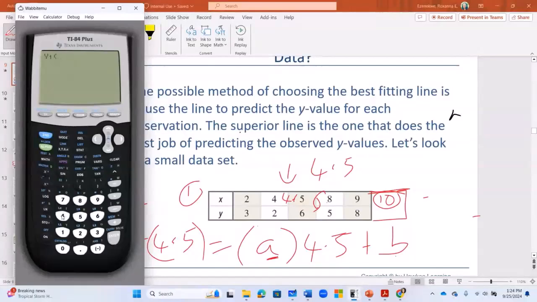All right, so I put 4 in there. When I hit enter, it did not actually give me 2. You see, the observed value says that 4 is paired with 2.